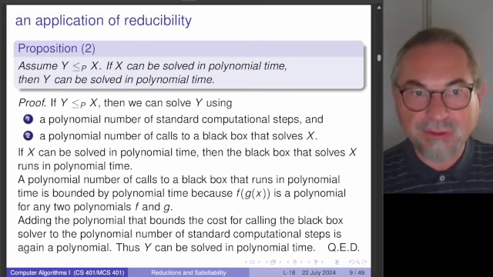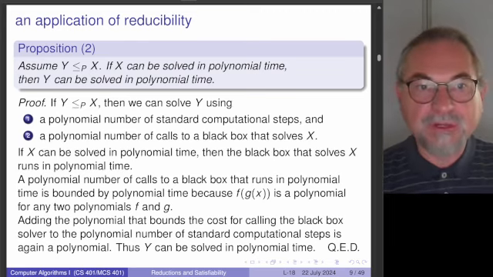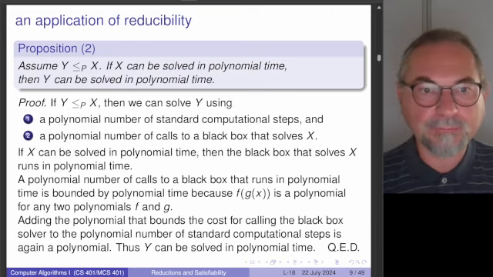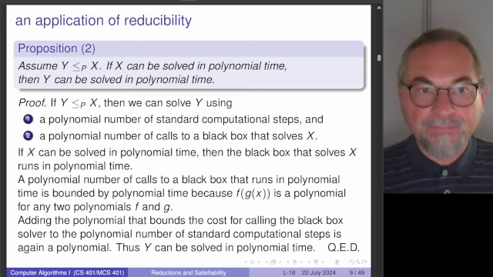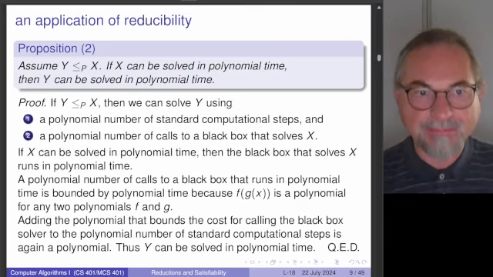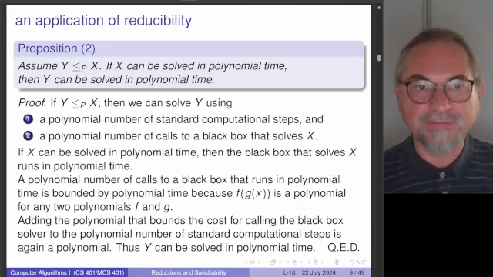Here is now the consequence. If you can solve x in polynomial time, so you run your black box, and if y is polynomial time reducible to x, then y can also be solved in polynomial time. It is interesting to recapitulate the definition from the previous slide, which slid by.